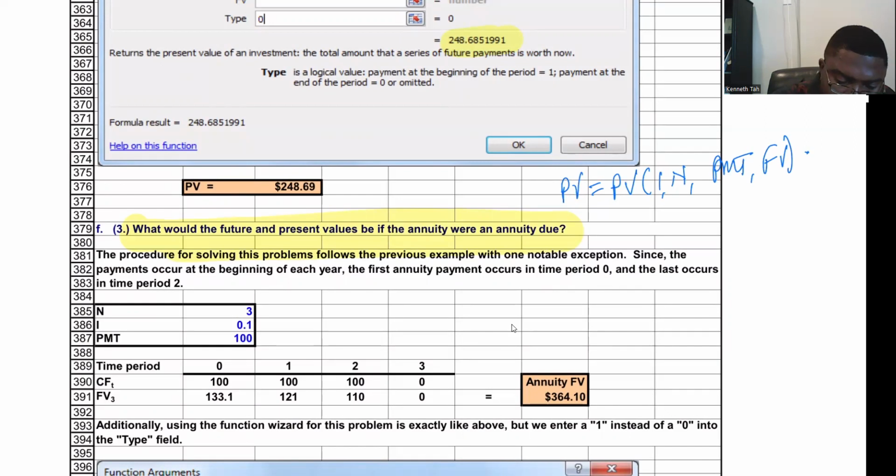So this on its own is an ordinary annuity. So let's do this. Let's start with the future value, and then we'll come to present value.